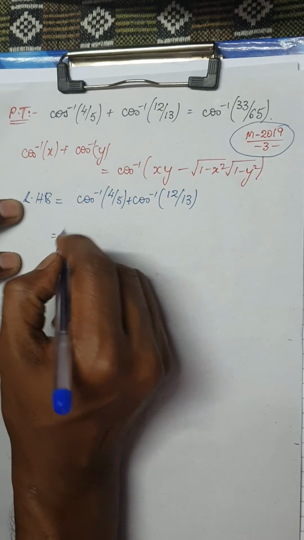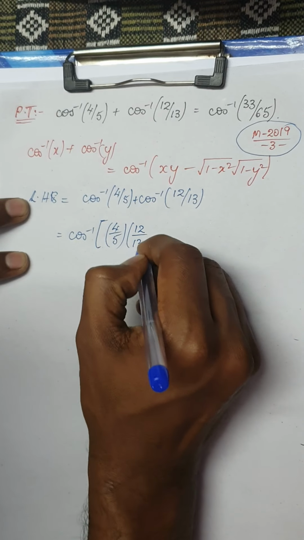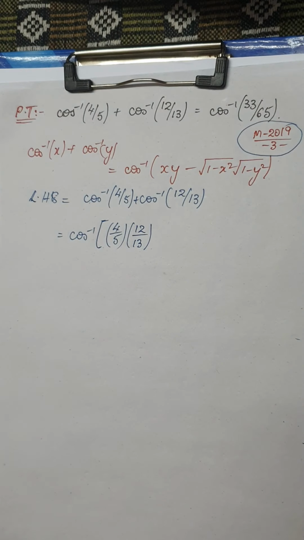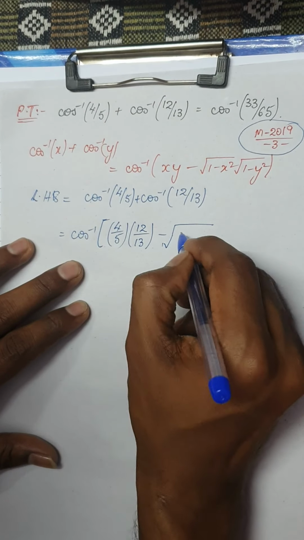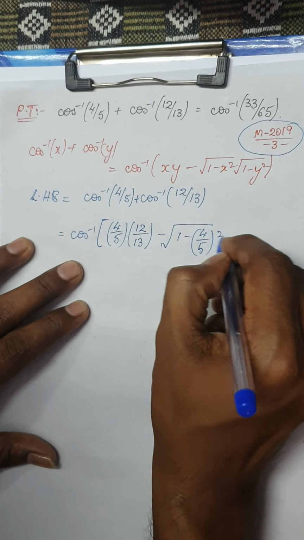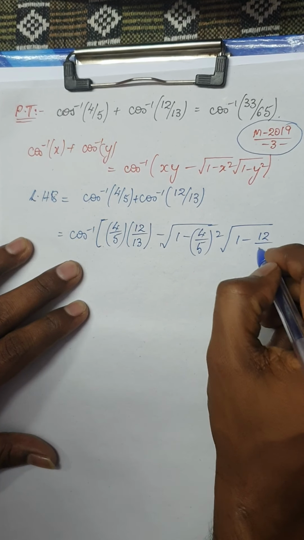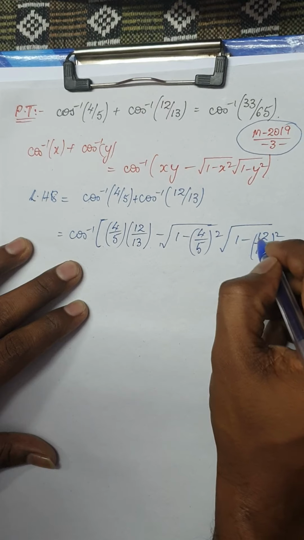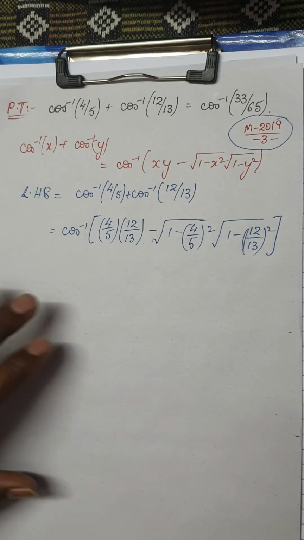So this is nothing but cos inverse of x into y minus root of 1 minus x square into root of 1 minus y square, where x is 4 by 5 and y is 12 by 13. That is, 1 minus (4 by 5) whole square, into root of 1 minus (12 by 13) square. Remember to use the formula clearly.